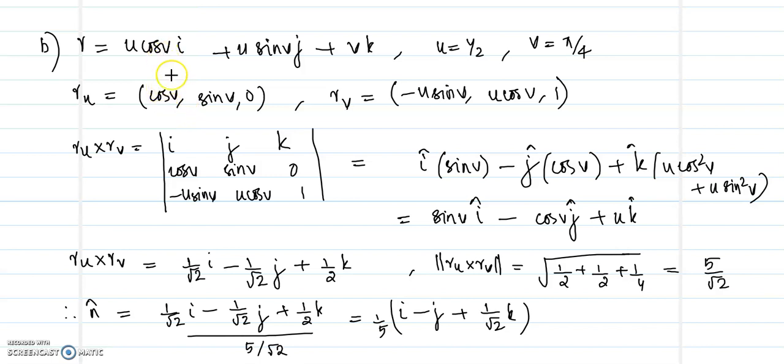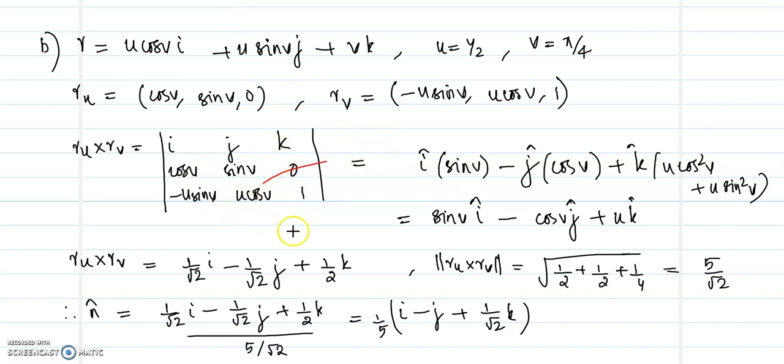Ru will be (cos v, sin v, 0), rv will be (minus u sin v, u cos v, 1). When you take the cross product, we will get i sin v, then minus j cos v, plus k (u cos square v plus u sin square v), so u into 1.